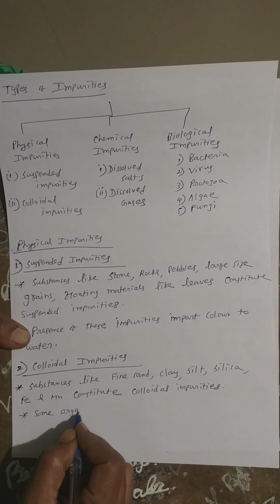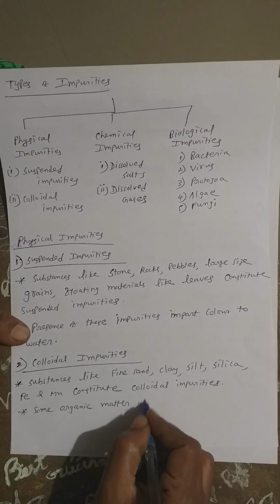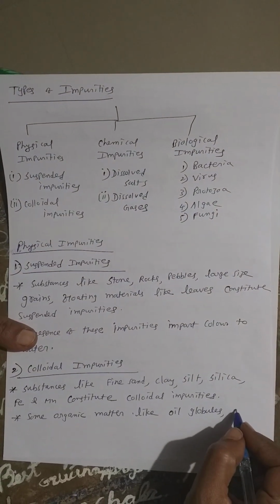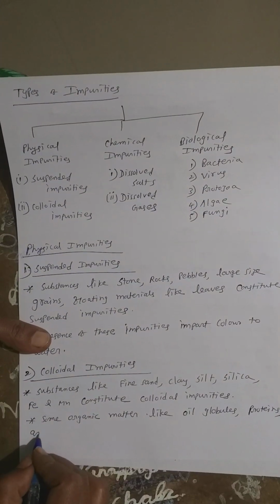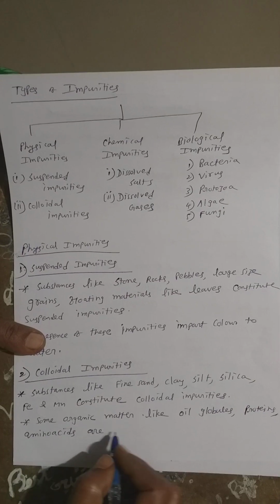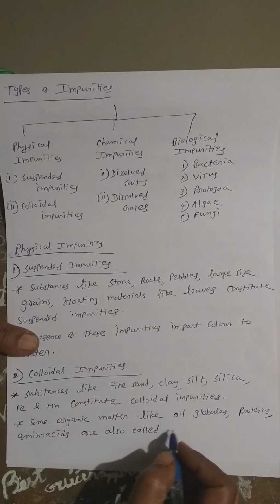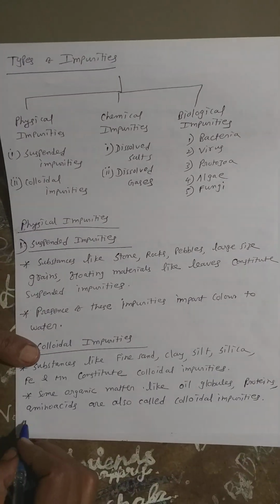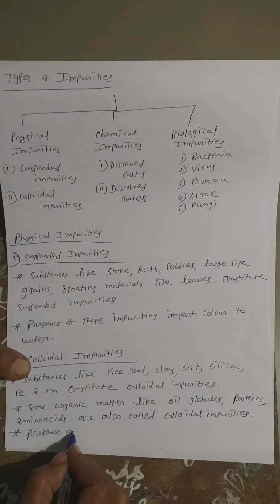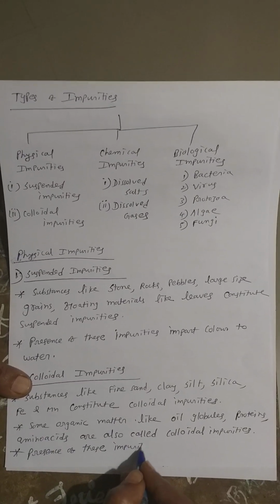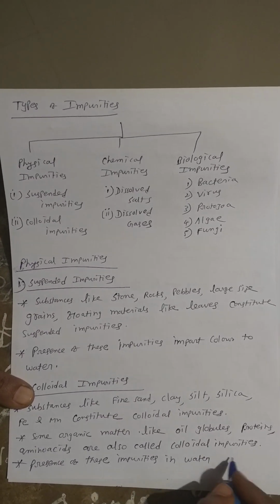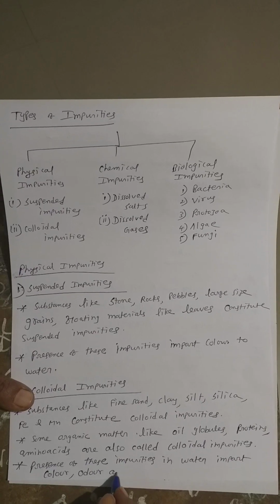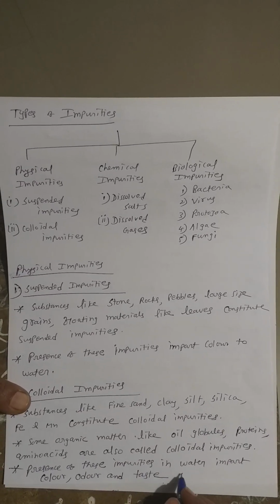Some organic matter like oil globules, proteins, amino acids are also called colloidal impurities. Presence of these impurities in water impart color, odor and taste to water.